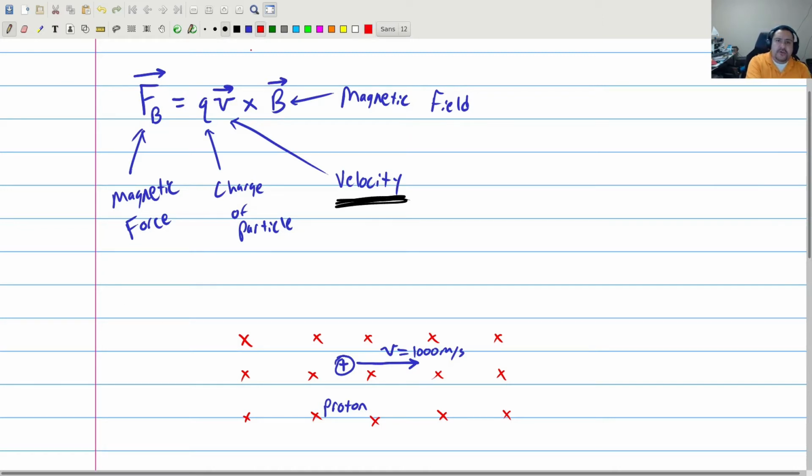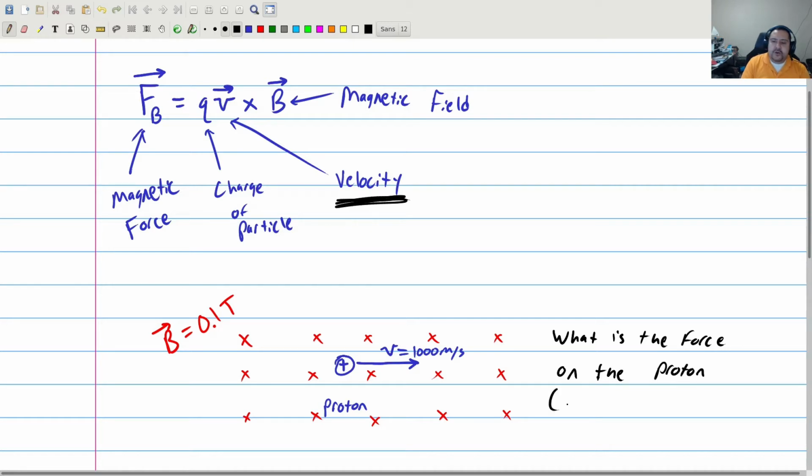We also know that our magnetic field B, let's make it a magnetic field of 0.1 teslas. And we will be asked, what is the force on the proton?